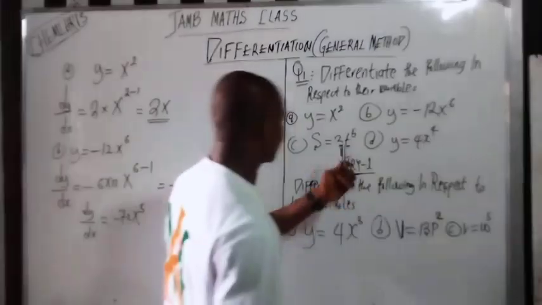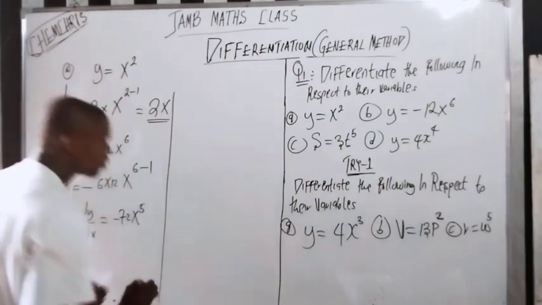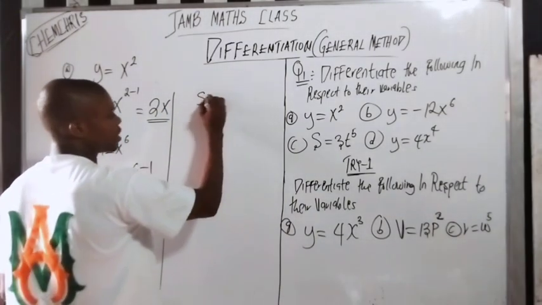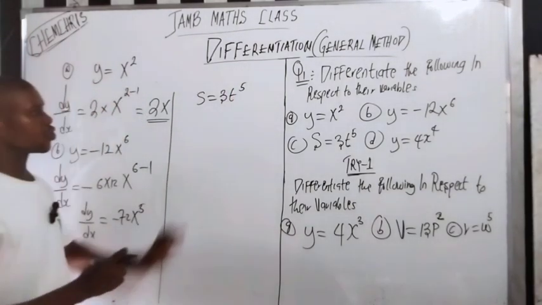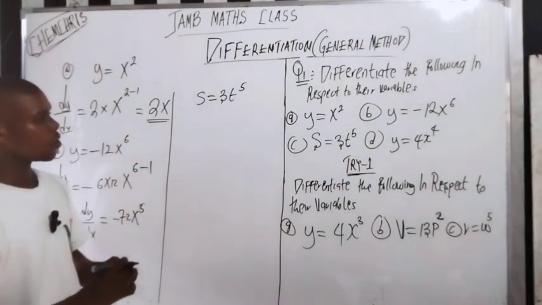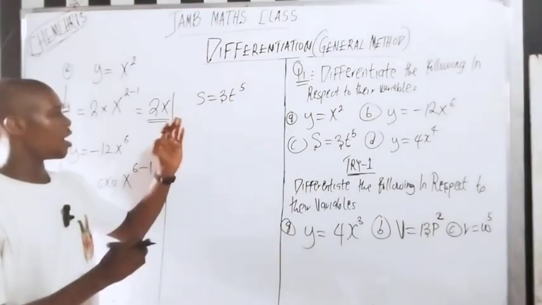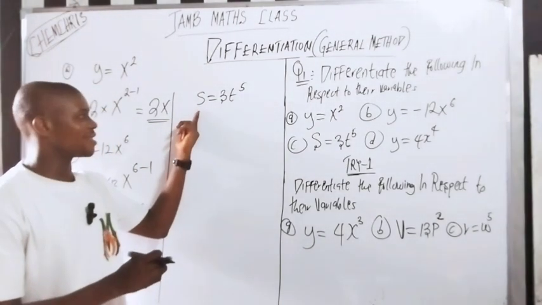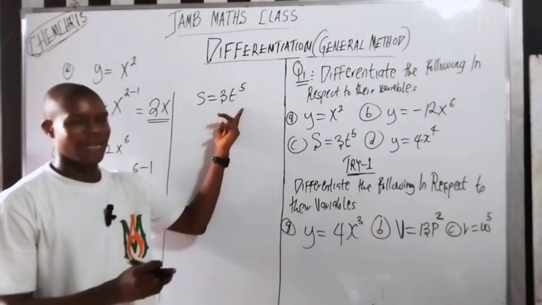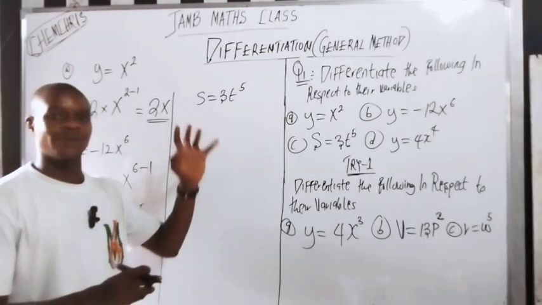Now let's look at the third one, which is the C. So here we have x equals 3t to the power 5. So what is the answer here? What is it going to look like? It's going to be dx over dt, because you are differentiating x with respect to t. Do you understand? So don't make the mistake and say dy over dx.